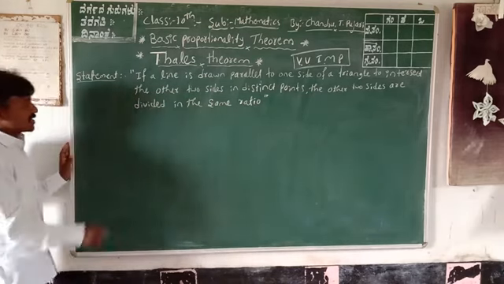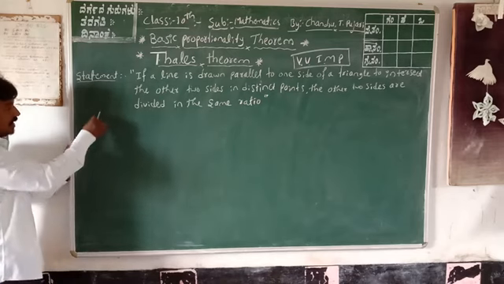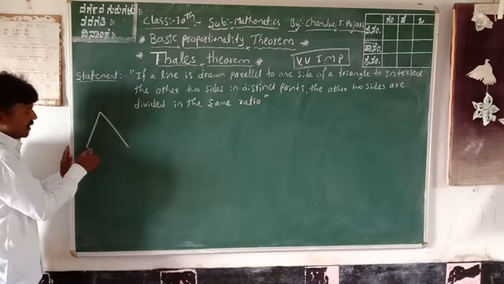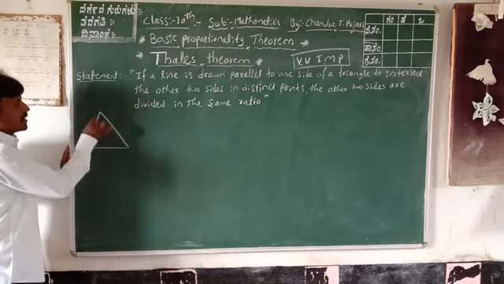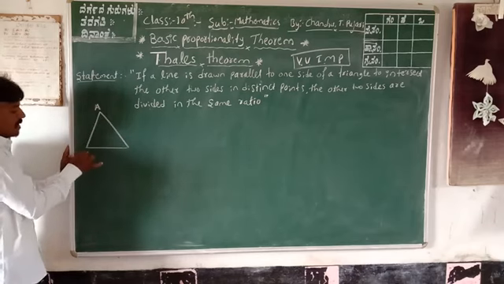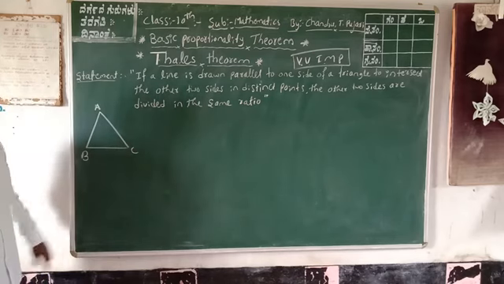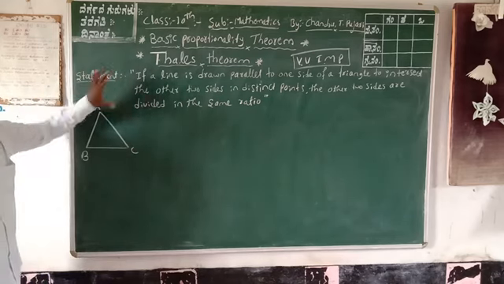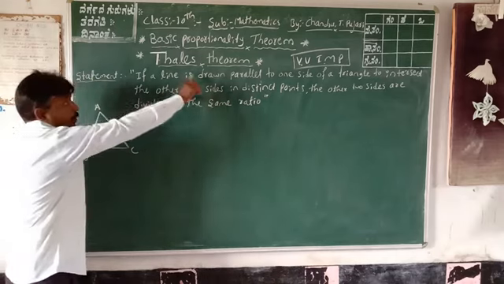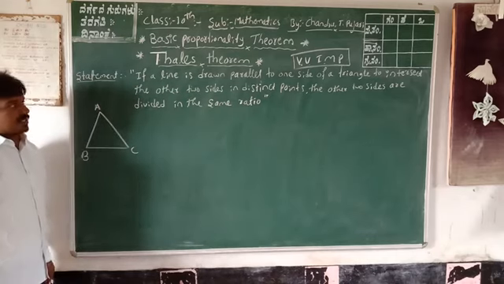The second step is to draw a triangle. Consider triangle ABC. Through the statement, draw your triangle ABC.